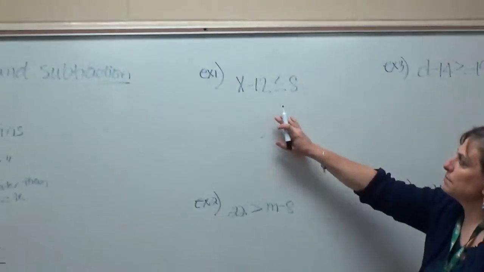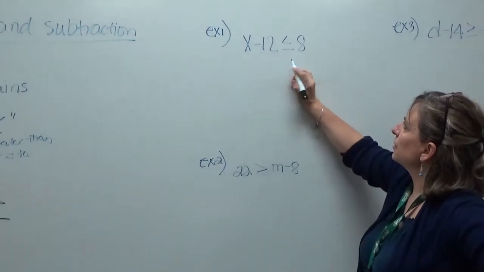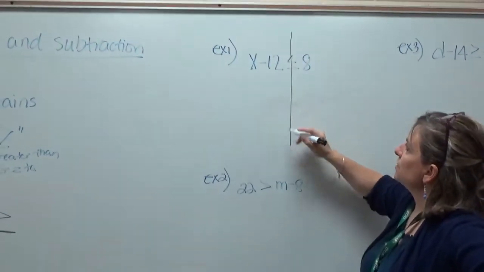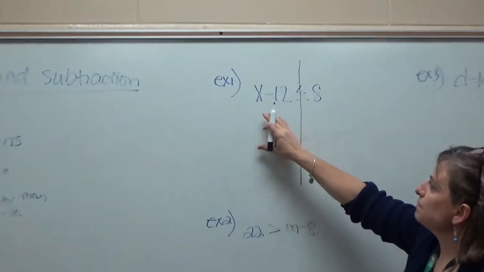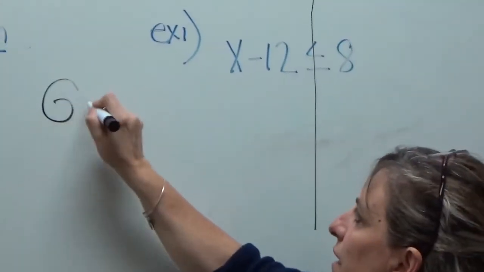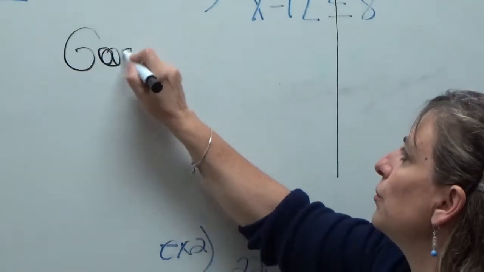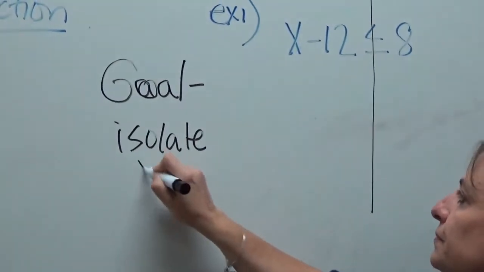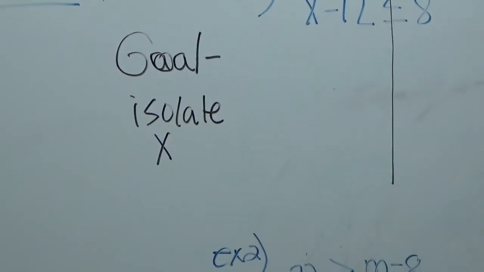First example, x minus 12 is less than or equal to 8. I'm going to divide it into two sides, just like an equation. My goal is always isolate x, goal, G-O-A-L, isolate x, get x alone, or whatever the variable is.